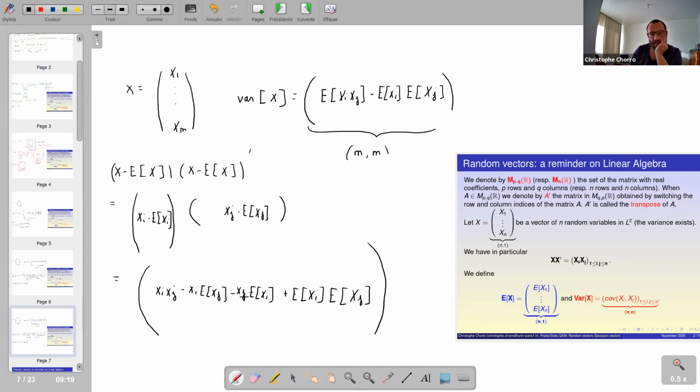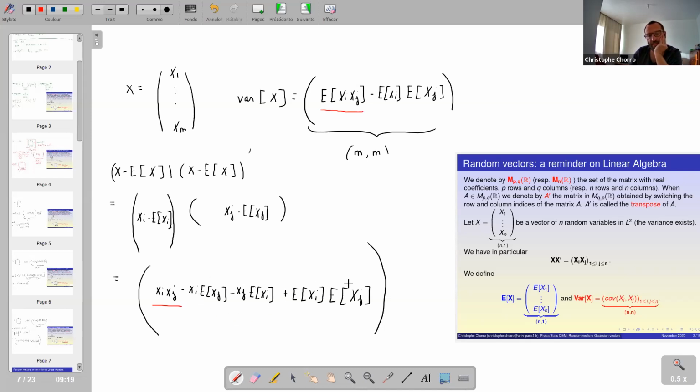And now if I take the expectation of this term, because what I want to do here is prove that the expectation of this term is just this variance here. When you do the computation, if I take the expectation of the product, I obtain this term here.